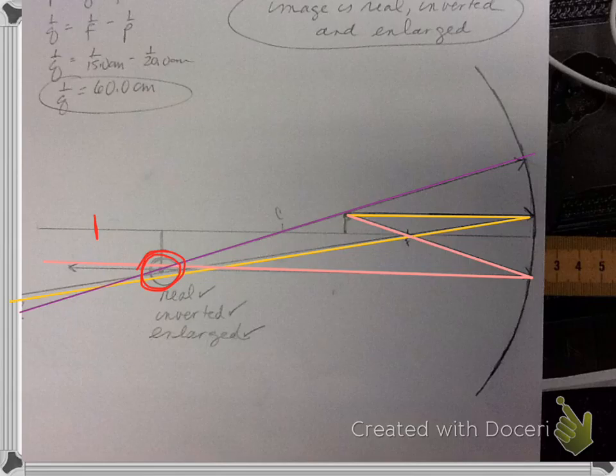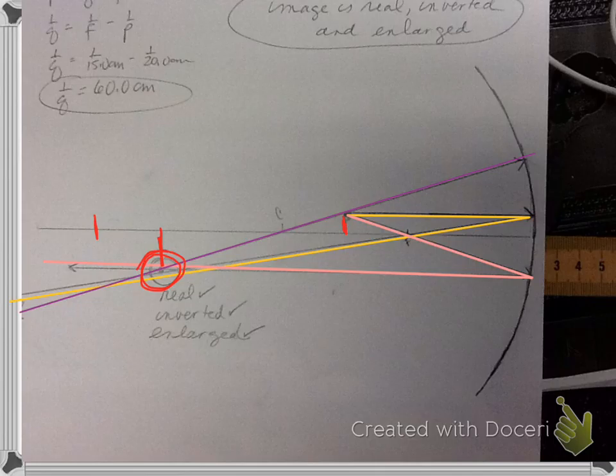It's a way to get a good rough estimate, and if you're doing it right, it will definitely tell you if it's real or virtual. It will definitely tell you if it's inverted or upright, and it will definitely tell you if it's magnified or enlarged. Clearly, if you look at the height of the image versus the height of the object, this is clearly enlarged. It's below the principal axis. It's clearly inverted. Questions, comments, concerns?